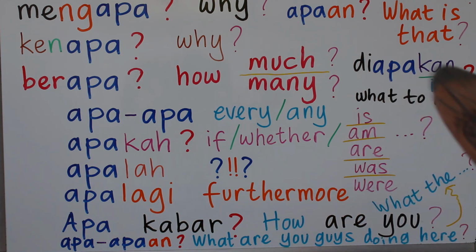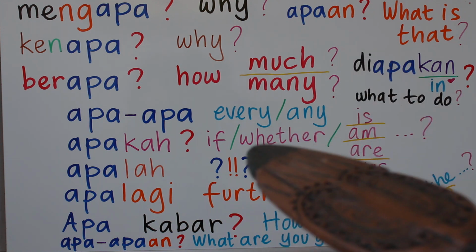Like this one, kan. Sometimes in casual or daily conversation, we change this suffix kan into in. Because the tongue itself, the tongue and also the mouth, it is easier to say in than kan. Because with kan, you have to use the tongue to pronounce the K. To in is just in, like that.